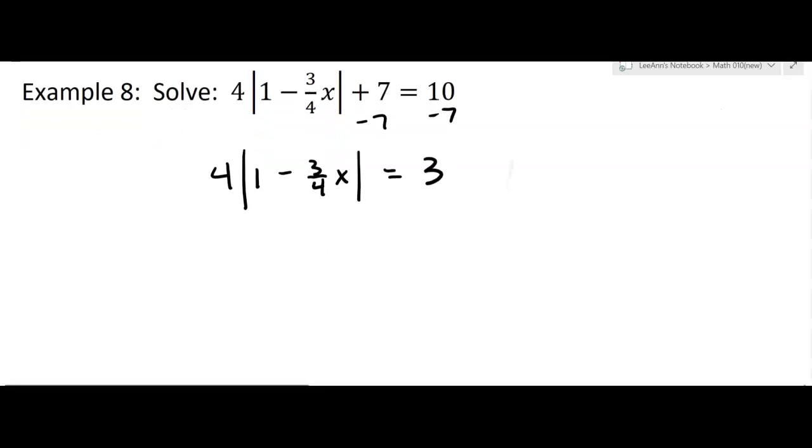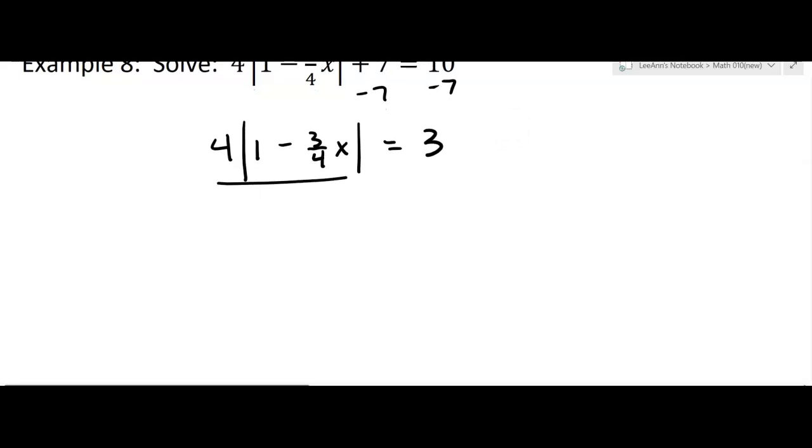And then I'm going to divide both sides by 4. So divide by 4, divide by 4. So those 4s are canceling. So now what I have is the absolute value of 1 minus 3/4 x equals 3/4. Okay, that's exciting. So now you have just the absolute value by itself.